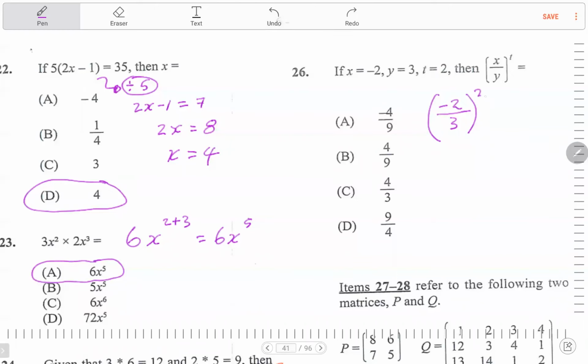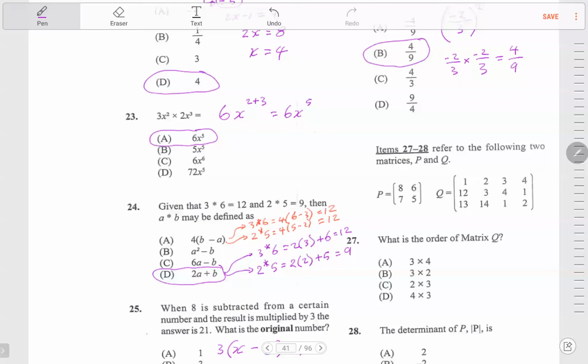So it's basically negative 2 over 3 times negative 2 over 3. The negative 2 times the negative 2 is positive 4, and the 3 times the 3 is 9. I could have just squared the values right where they are: square the negative 2 and get 4, square the 3 and get 9. In any case, the answer is 4 over 9.